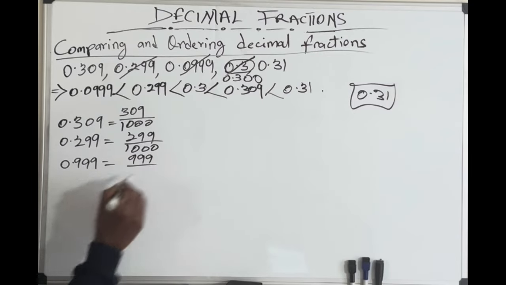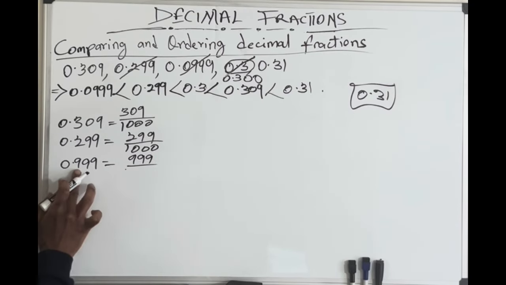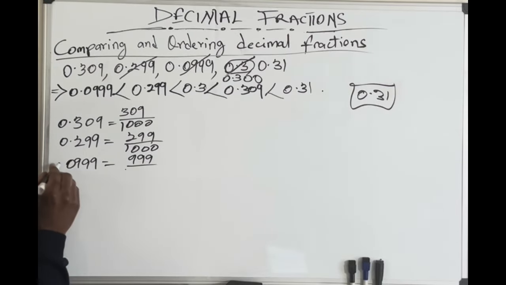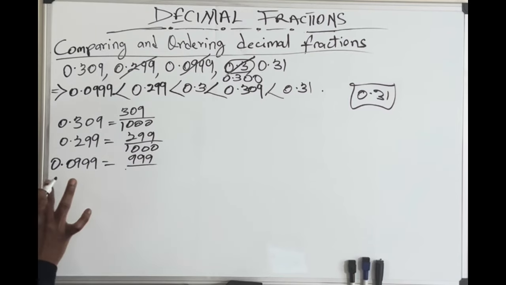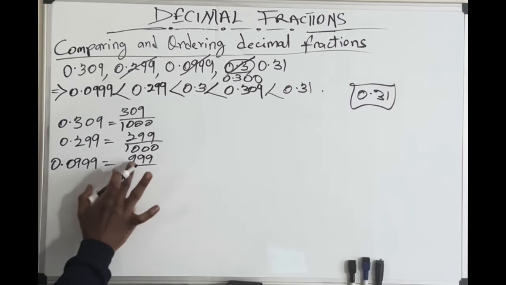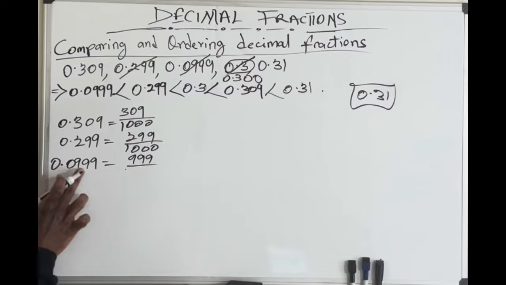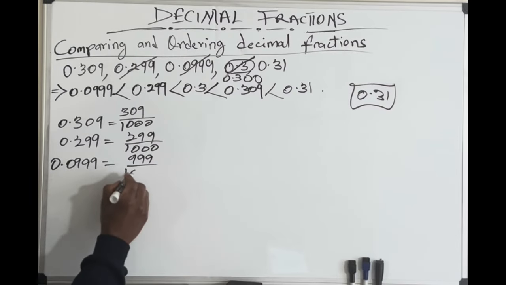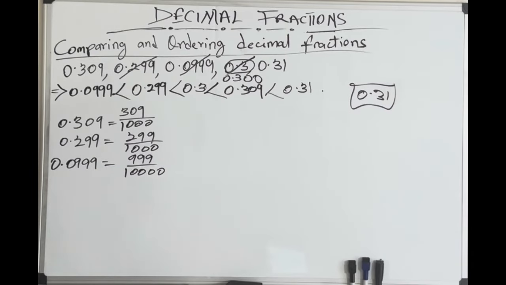Sorry, there is a 0. So it's 0.0999. And then we said earlier on, whenever 0 is preceding natural numbers, we just ignore the 0 and then we write the natural number. So 999 over how many zeros? 1, 2, 3, 4 zeros.